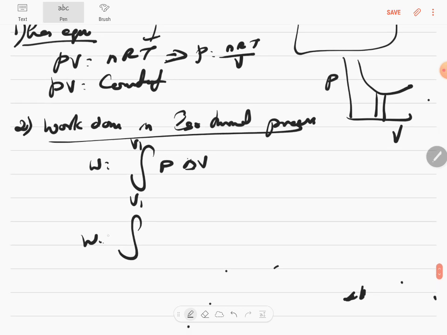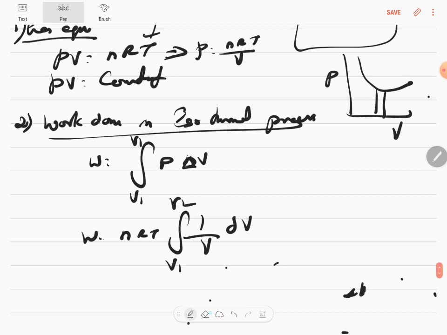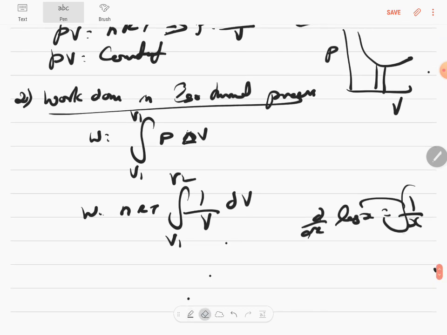nRT is a constant, so take it out. Then 1 by V into dV alone remains, integrated from V1 to V2. What you must remember is that the differentiation of ln x is 1 by x, and the integration of 1 by x is ln x, because differentiation and integration are reverse of each other.